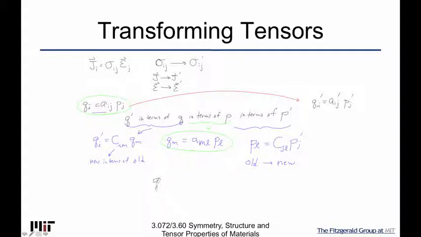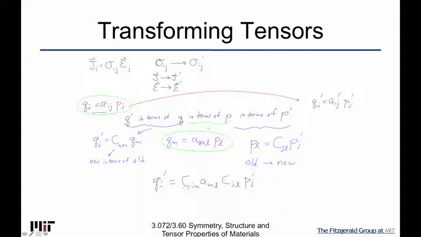And so we end up with qi prime equals c_im c_jl p_j prime.